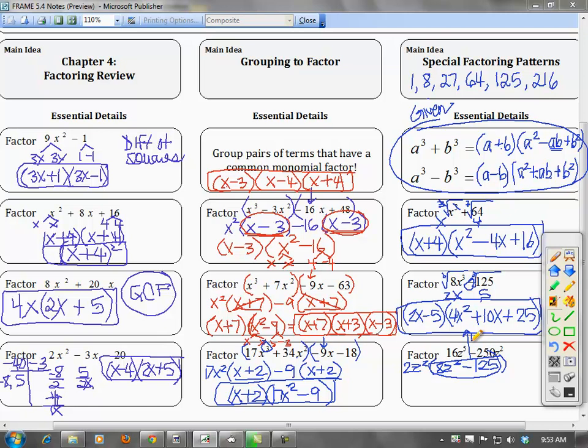So here's what happens. I'm going to have a 2z squared in front, and then I'm going to follow the same pattern I did above. 2z minus 5 times 4z squared plus 10z plus 25.